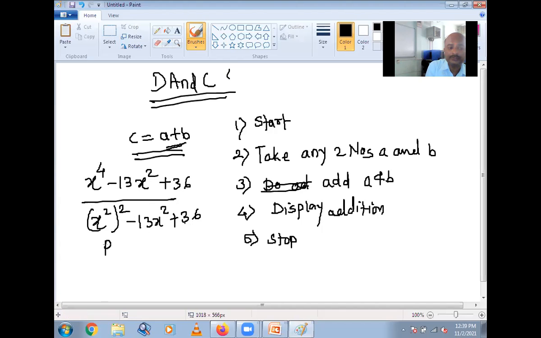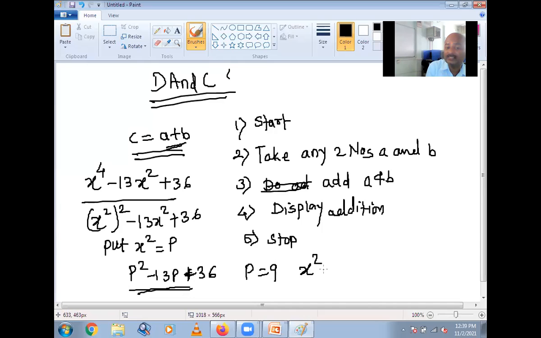Here you have substituted x square is equal to p, then p square minus 13p plus 36. You have solved this, you will get p is equal to 9, that is x square is equal to 9.